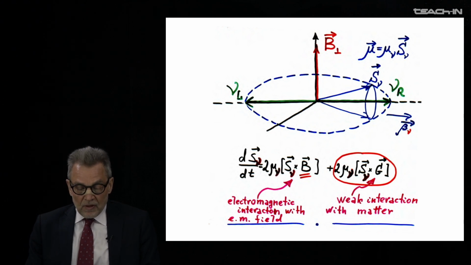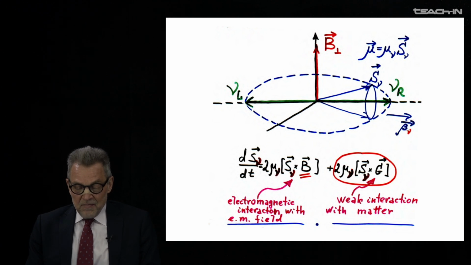And this is a summary. This is a copy of one of our first transparencies indicating the result of these studies. This is the neutrino spin evolution, S is the spin vector. In addition to the well-known equation from electrodynamics, this part is proportional to the magnetic moment, and this is the external magnetic field.